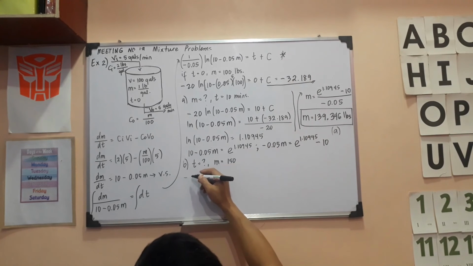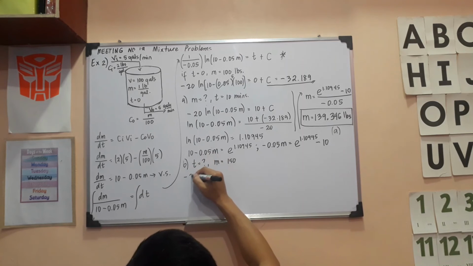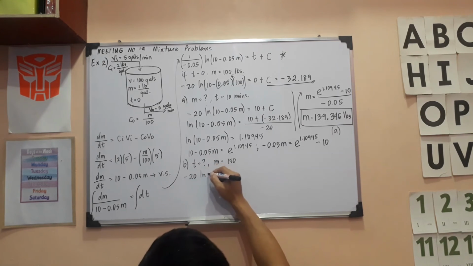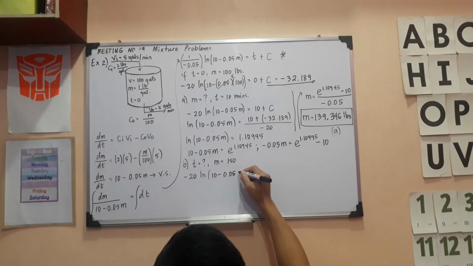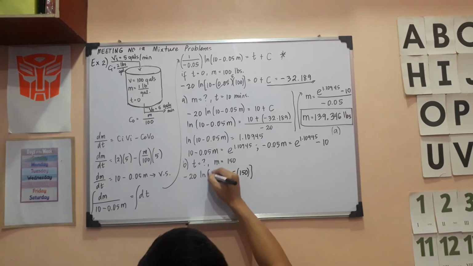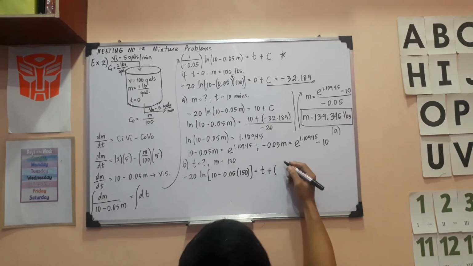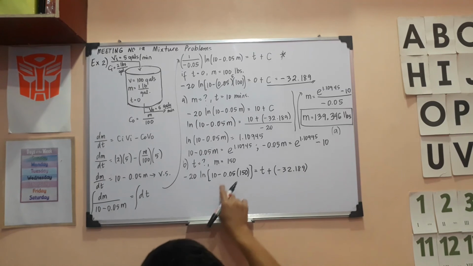Yung 1 over negative 0.05 is negative 20 equals ln of 10 minus 0.05 of 150 and then equals to t plus our c is negative 32.189. So, perform natin ito.